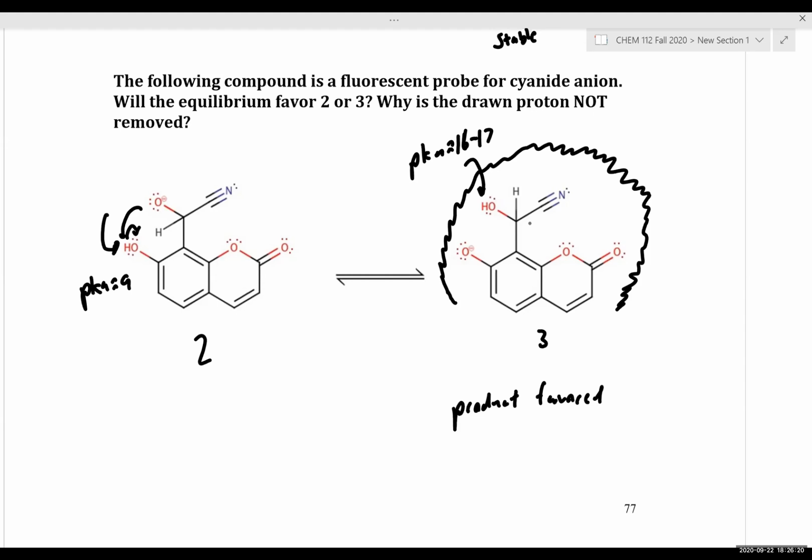Any questions on this example, and any questions before we close out today's lecture session?